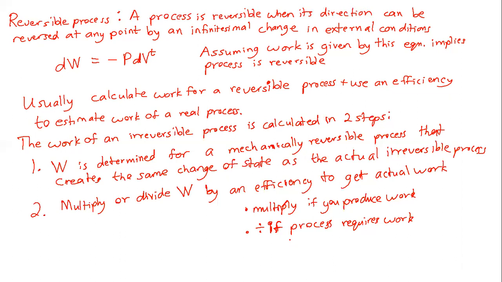The more compression you have to do, the more costly it is because you need more energy. So in that case, you're going to have to divide by this efficiency that is less than 1, which is going to show an increase in the amount of work that you're going to have to do in order to achieve the same effect. So as you can see, the efficiencies do not work in your favor. Either they make it so that you don't make as much work as you think you're going to, or that you have to do more work than you had hoped.